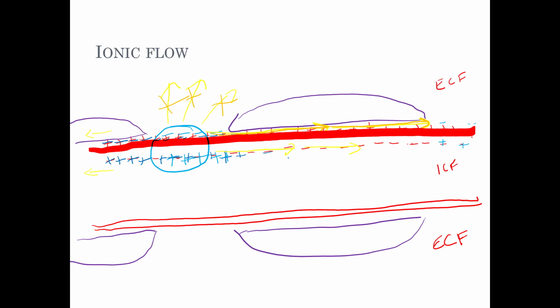The positive ions are going to mix in with the negative ions inside. The negative ions are going to mix with the positive ions on the outside, causing an action potential at this next node. Okay, so that's how ionic flow works.